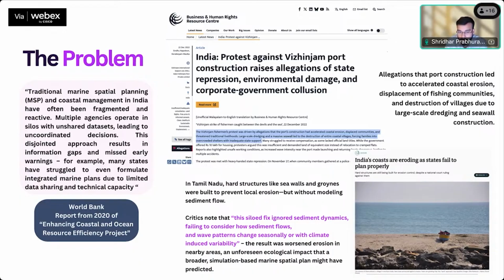There was a massive amount of protest that was staged after the construction of the port because that led to a lot of accelerated coastal erosion. All the communities were displaced, the fishing zones got displaced. There was large scale dredging for that particular port construction, which ended up destroying the complete ecosystem in the region.